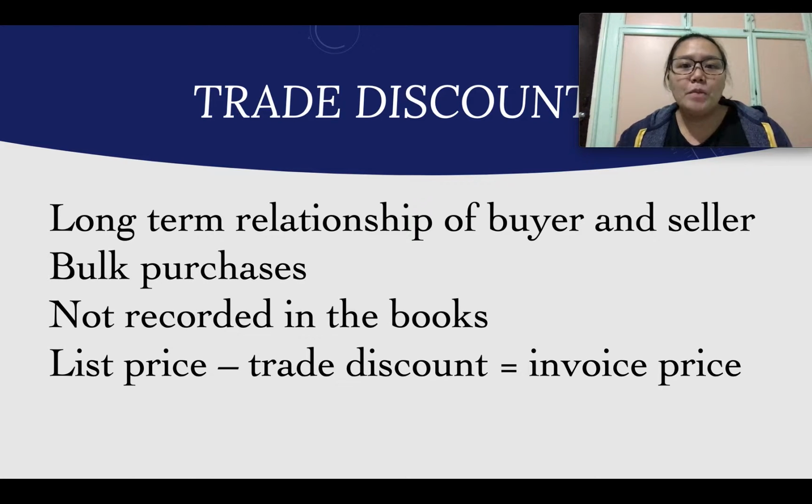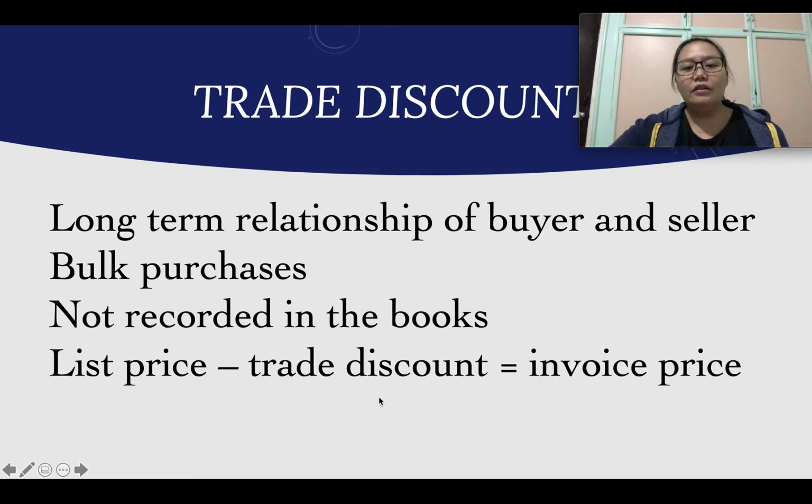So whenever you go to the store and you ask the seller how much is the selling price, and they tell you that the selling price, for example, is 100,000. So that is the list price. If you ask for a trade discount, let's say the seller allows you a trade discount of 10% and then another 20%, diba?